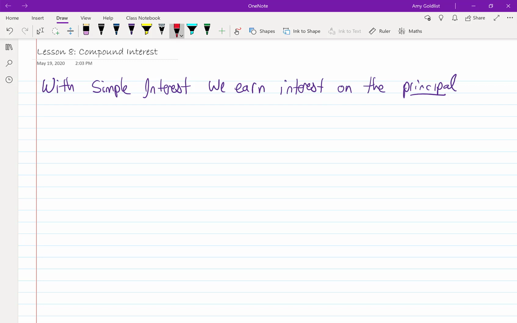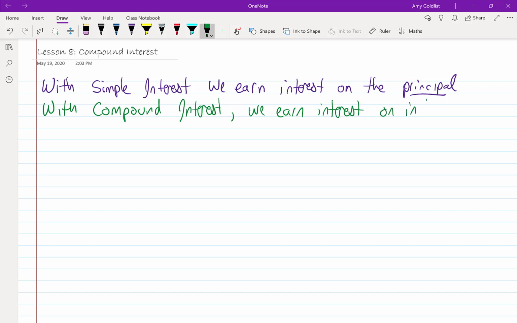With compound interest, it's different. What's happening with compound interest is every time we get interest, we add that back to the principal and we earn interest on it. Let's look at what these look like as a graph.